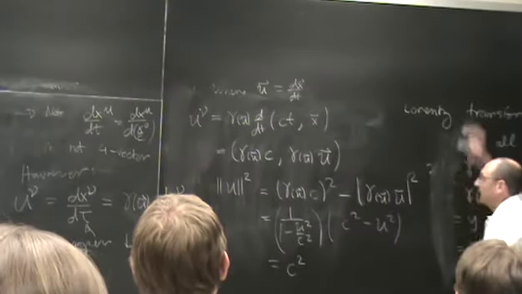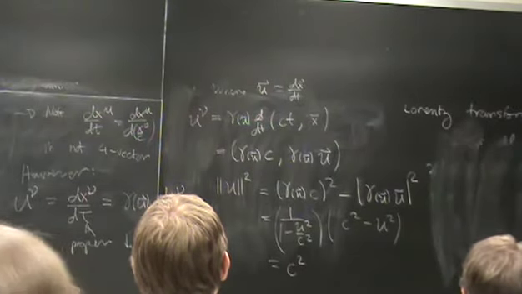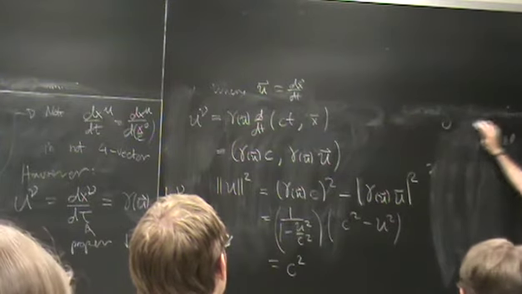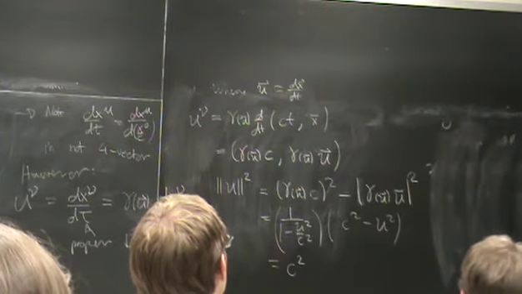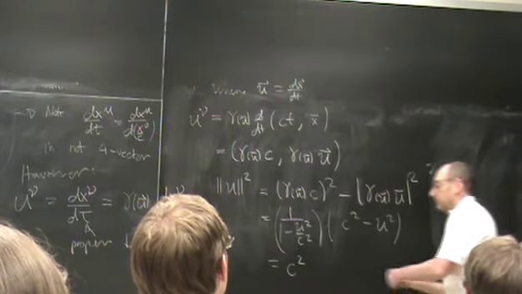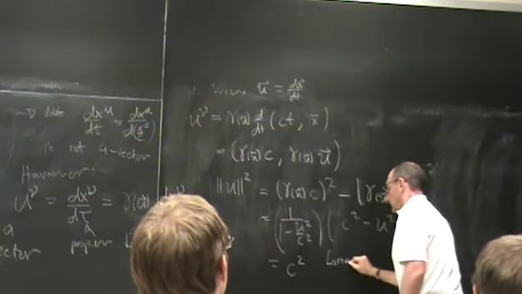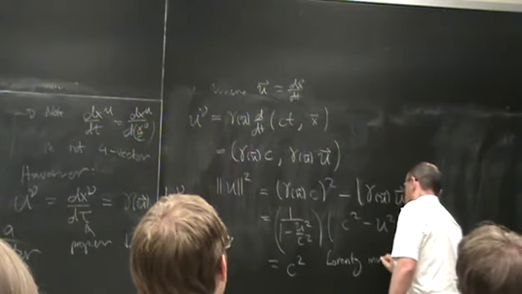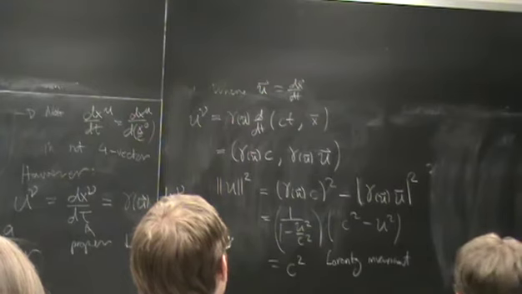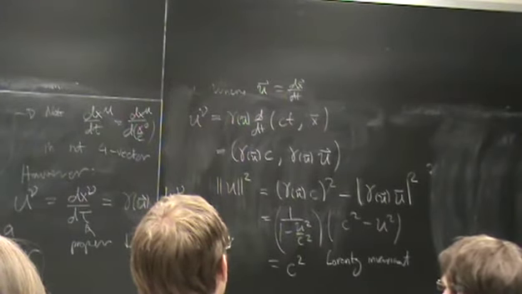So as expected, the norm of the four velocity is Lorentz invariant, as it must be. All right.